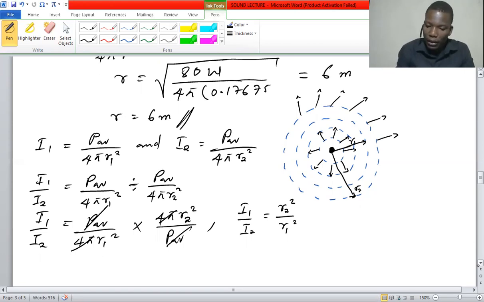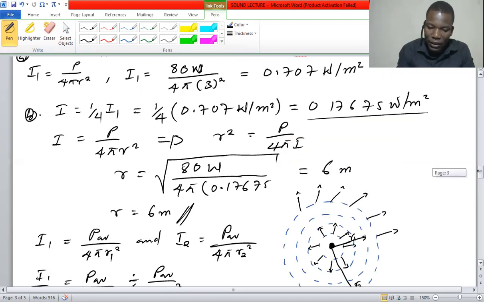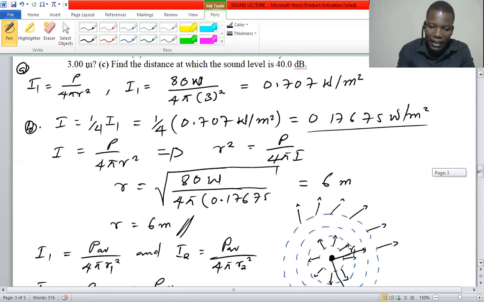Okay. Yeah. So now we can solve, I think, question C. Find the distance at which the sound level is 40 decibels. So now we need to find the second intensity, given that the first intensity is at a distance of 3 meters.